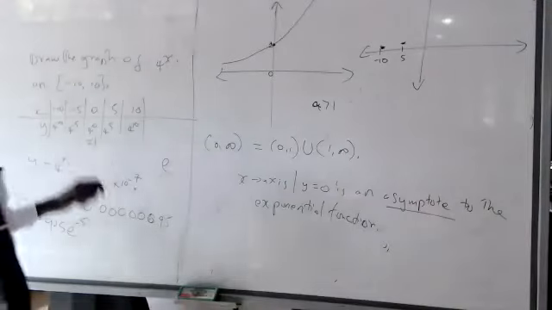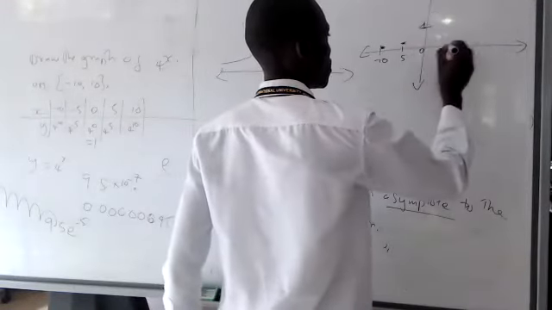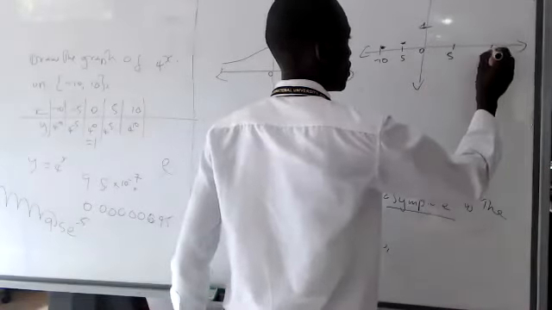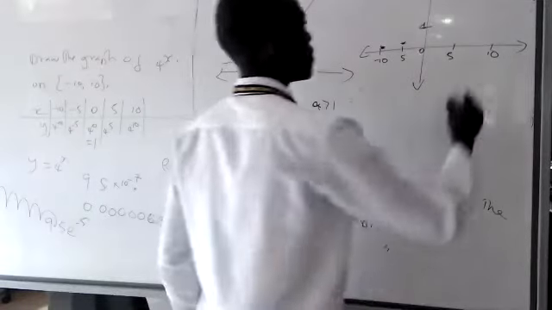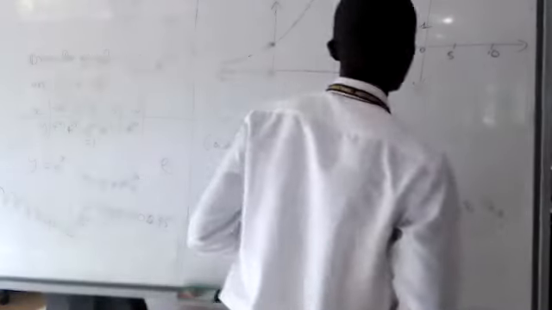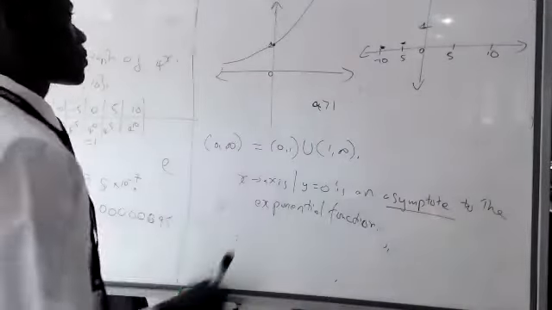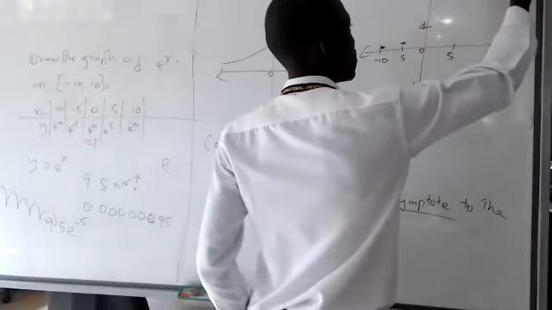Just confirm that 4 raised to 0 is 1. At 5, it's 1024. That's very big. How about at 10? 1048576. Also a very big number.